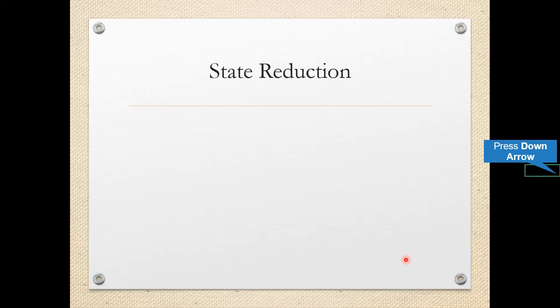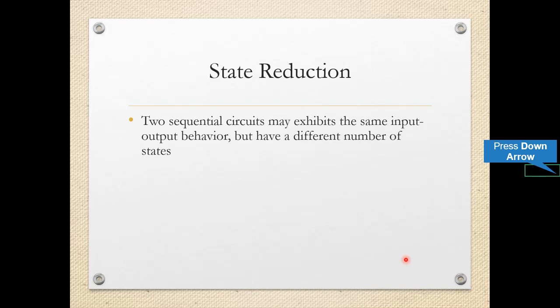State minimization or state reduction is the first optimization method. Two sequential circuits may exhibit the same input-output behavior but have a different number of states. Like in the first part of this lecture, we studied the Mealy model and the Moore model.